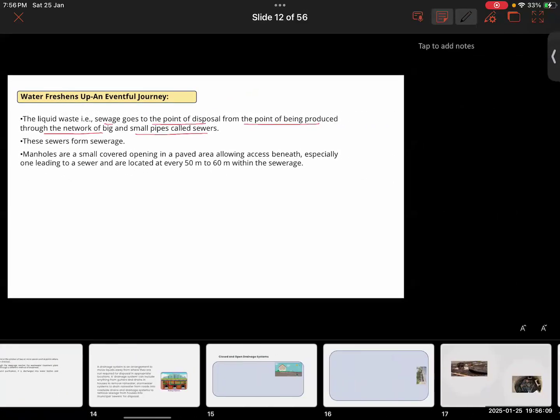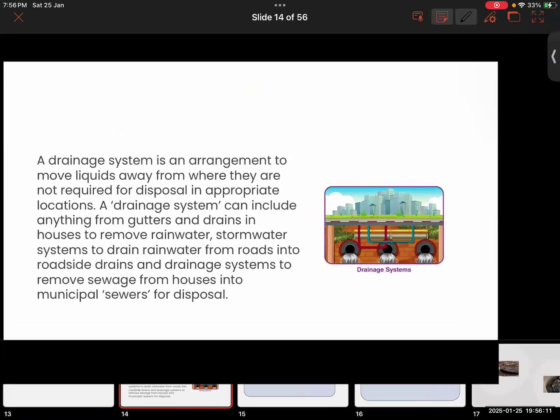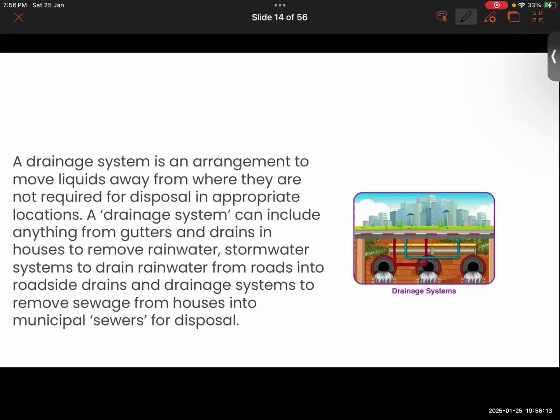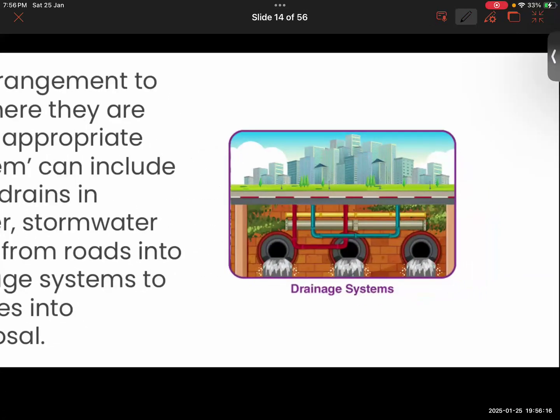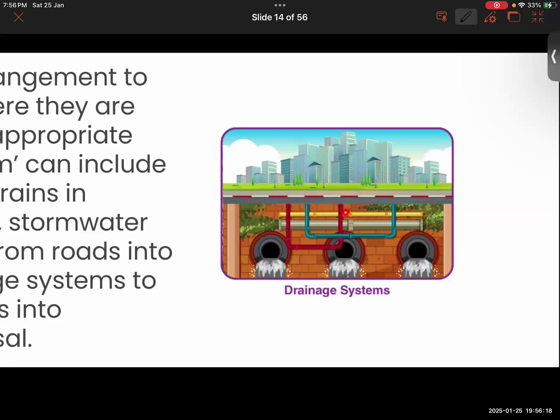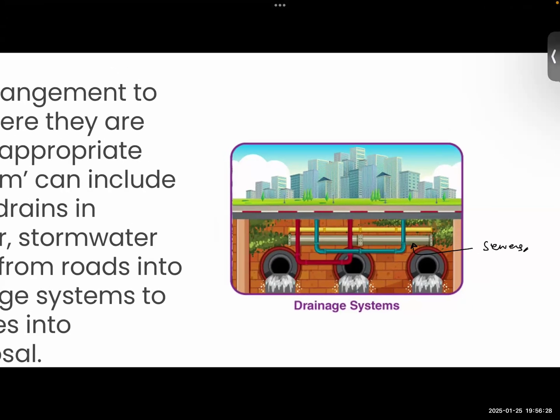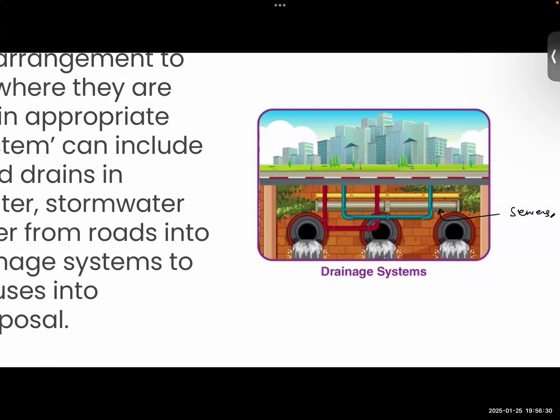As you can see in this diagram, the sewage is being collected from all the buildings, from schools, hospitals, etc. Then it goes into these pipes that are called sewers. And from these sewers, it will go to a wastewater treatment plant.